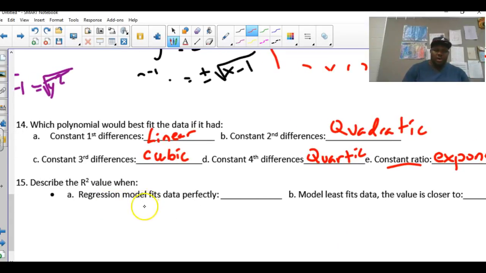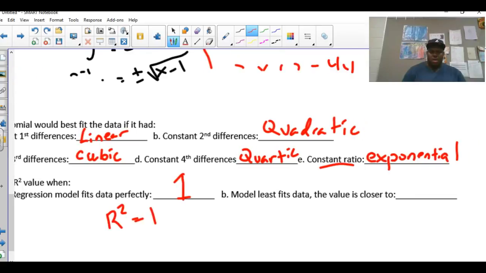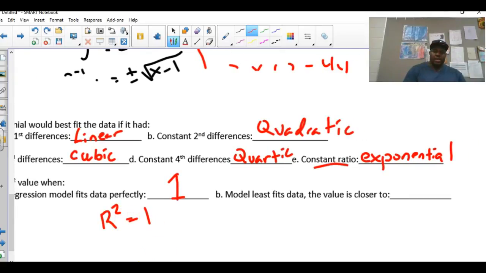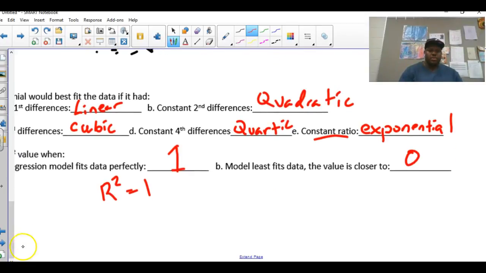Now, the regression model that fits data perfectly is 1. That's when your R squared equals 1, and R squared comes from the calculator. For a model that fits the data less well, the value is closer to 0. That's when you have all those decimals, guys. It's closer and closer to 0.